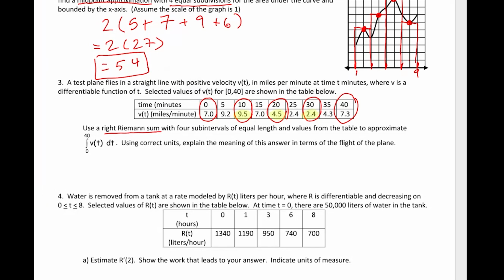For the third one, 2.4, and for the last one, 7.3. So let's go ahead and compute this. Each subinterval is 10 units long, so we're going to have 10 times (9.5 plus 4.5 plus 2.4 plus 7.3).